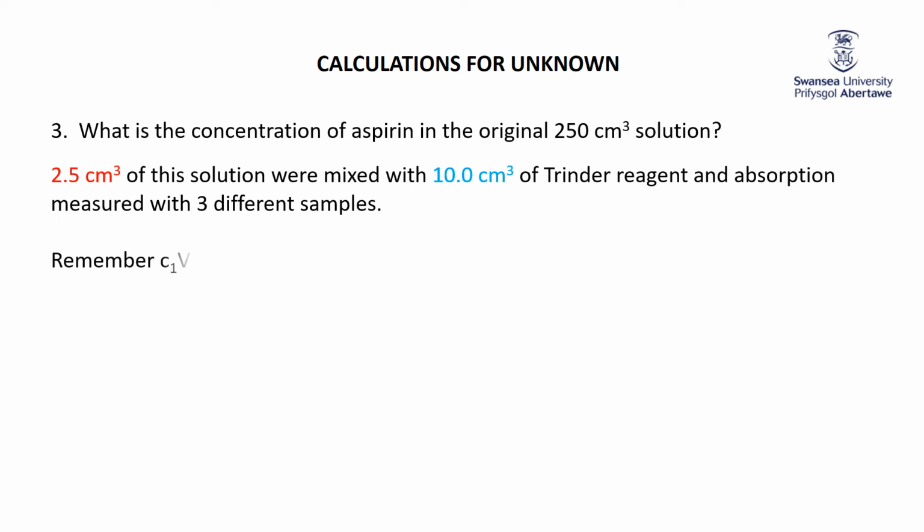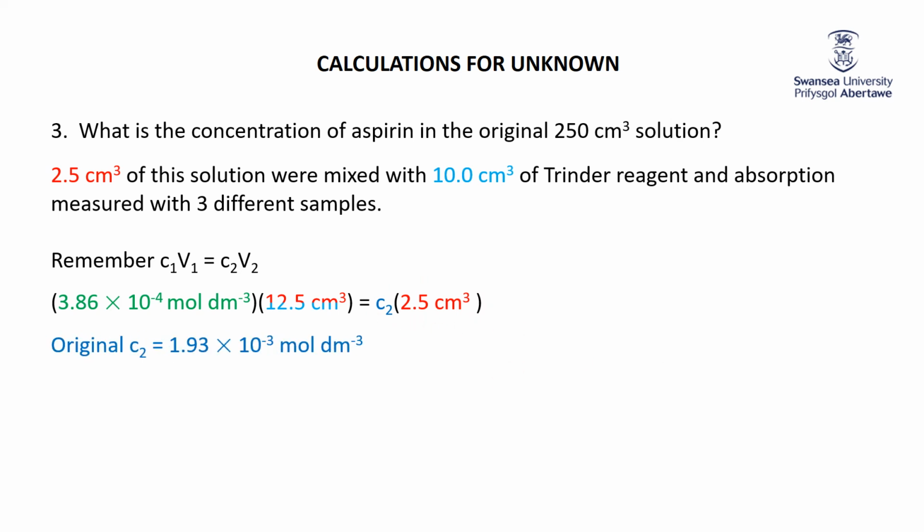So using C1V1 equals C2V2, my measured concentration, 3.86 times 10 to the minus 4 moles per cubic decimeter, was the concentration in 12.5 cubic centimeters of my diluted solution. But what I want is the concentration in the 2.5 cubic centimeters. So C1V1, this is the diluted solution, this is the original solution. C2 was equal to 1.93 times 10 to the minus 3 moles per cubic decimeter.